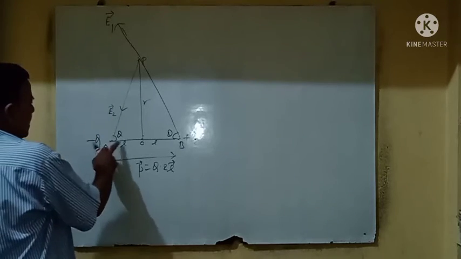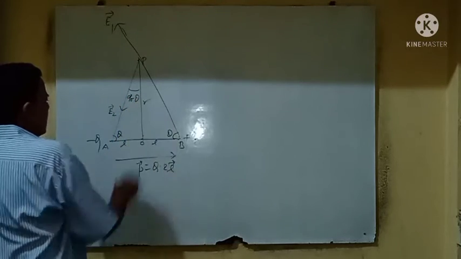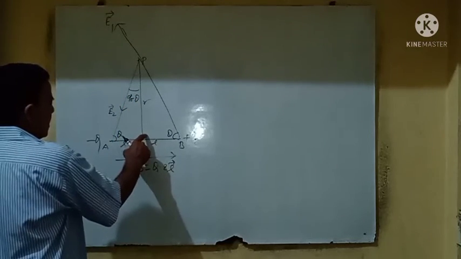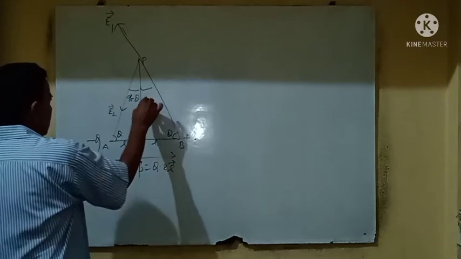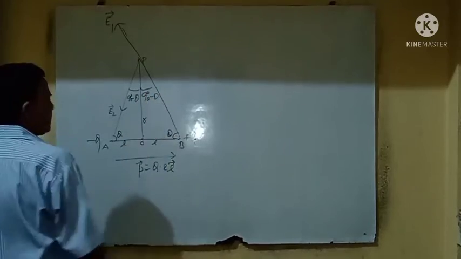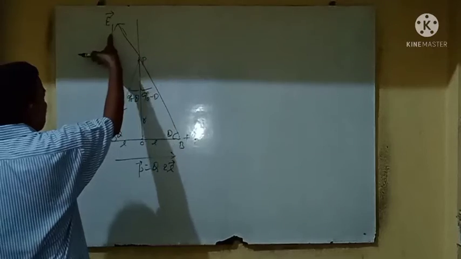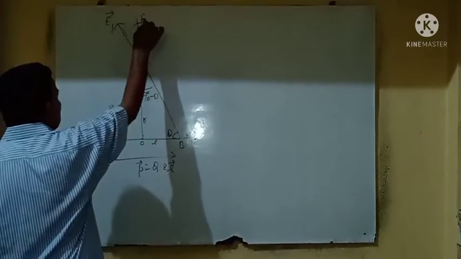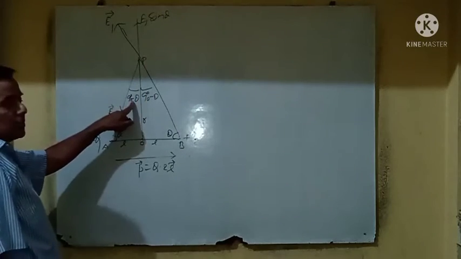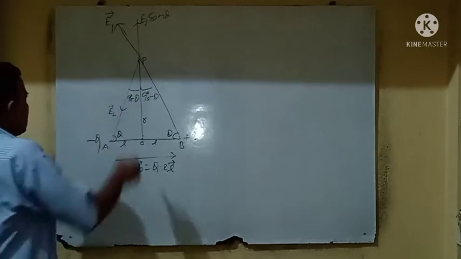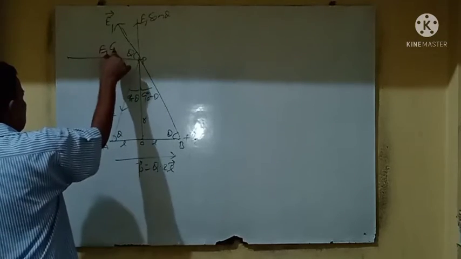This angle is theta, and this one is 90 degree minus theta. So what will happen? The component of E1 will be E1 sin theta, along the 90 minus theta angle, and along the angle theta the component will be E1 cos theta.